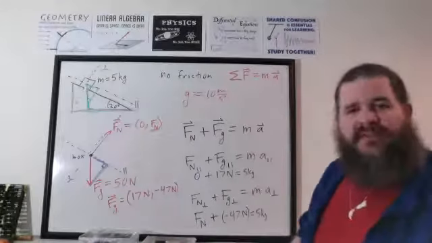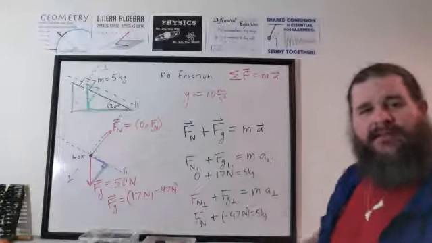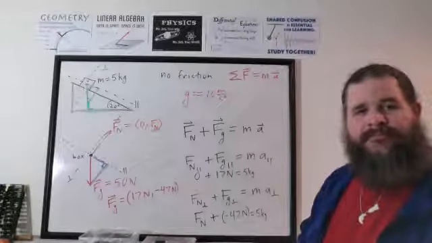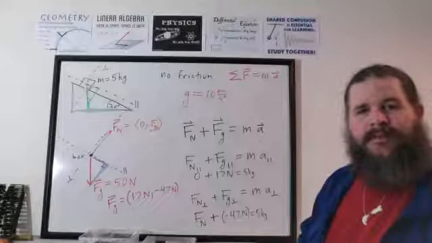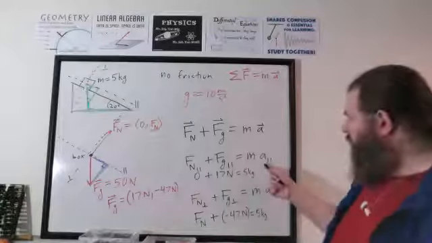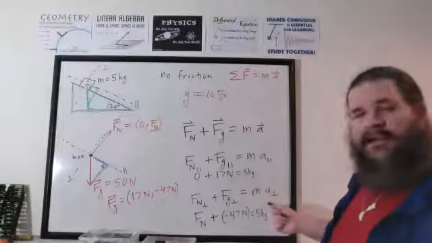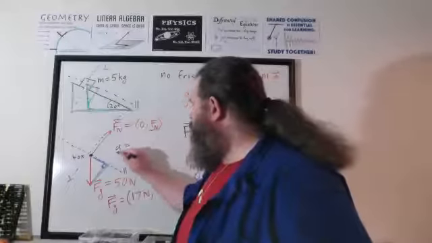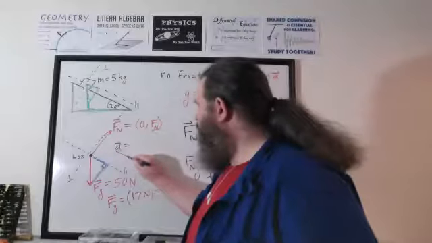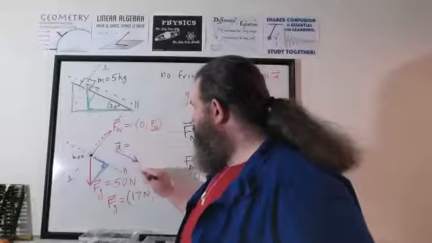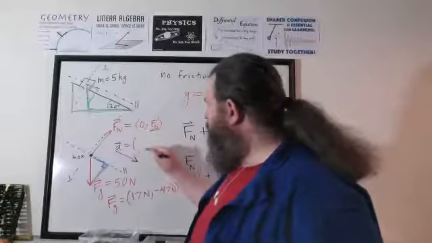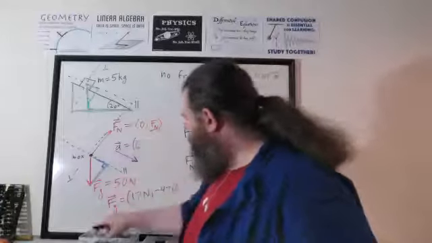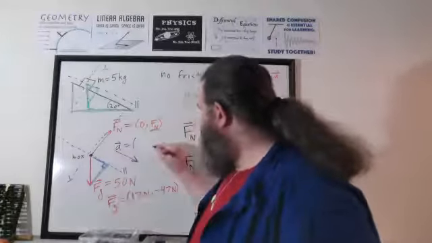And what do we know about the acceleration in terms of parallel and perpendicular components? There's only acceleration in the parallel. Right, there is parallel acceleration. There's no perpendicular acceleration. So we can say the acceleration, presumably in some downhill direction, is going to be 0 in the perpendicular direction.